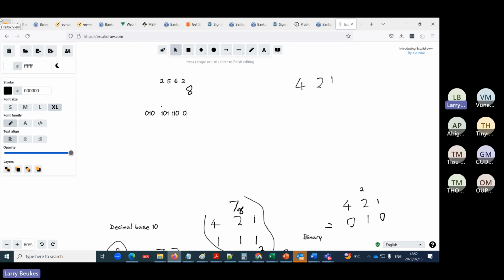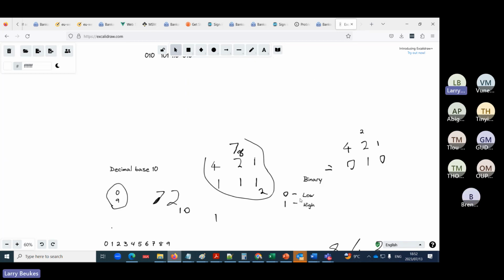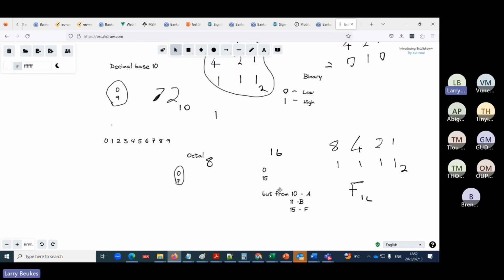So this is how I cheat. This is the easiest way. So now, to convert this to hexadecimal, you need to group into 4s. Right? You need to group into 4s. What did I say about hex? Hex we group into 4s here.